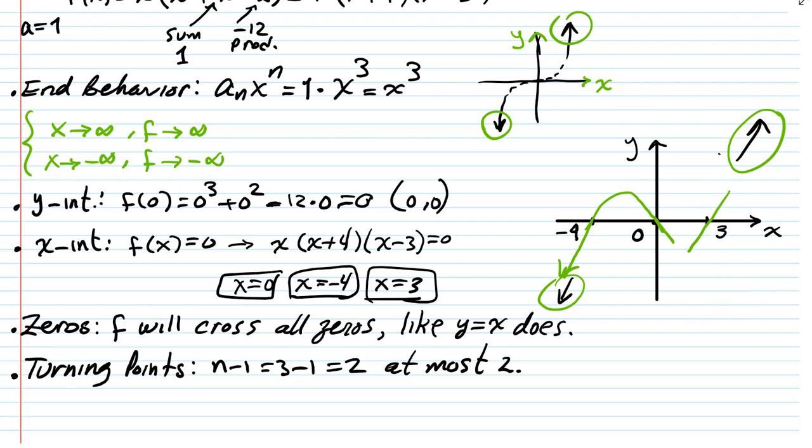And now we're looking at the other portion of the graph. That's going to have to behave like this. Now, exactly where it's going to turn, the low point here, I don't know. Exactly where the peak's going to be before it goes through, I don't know.